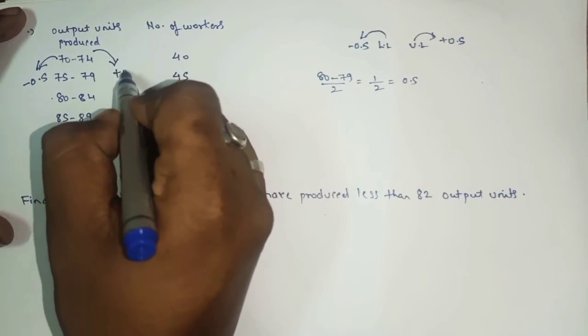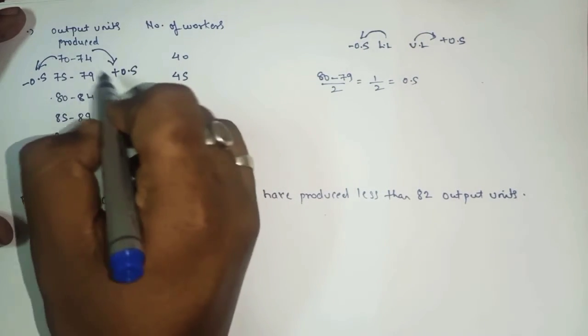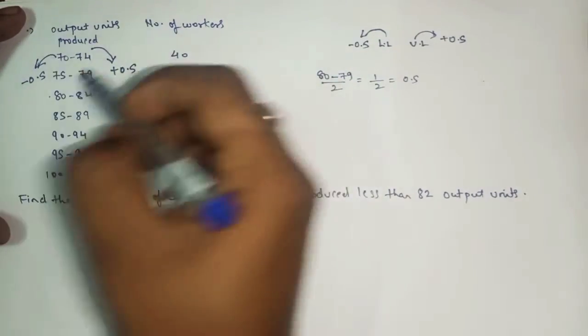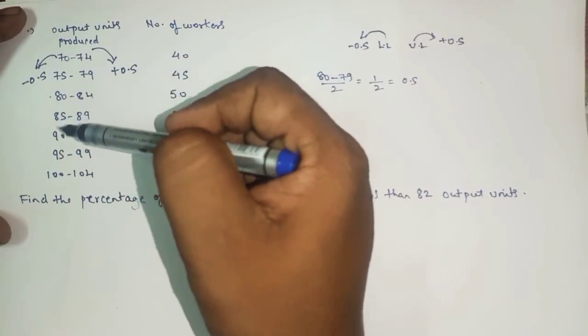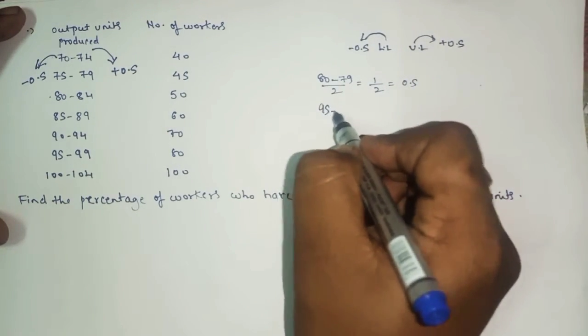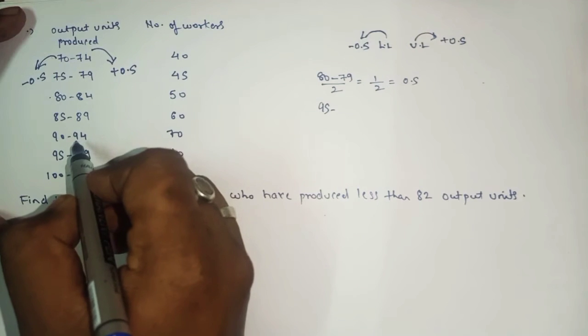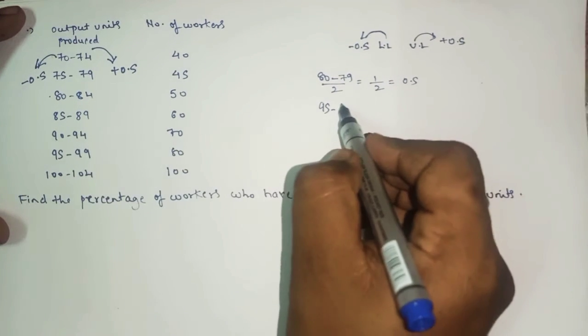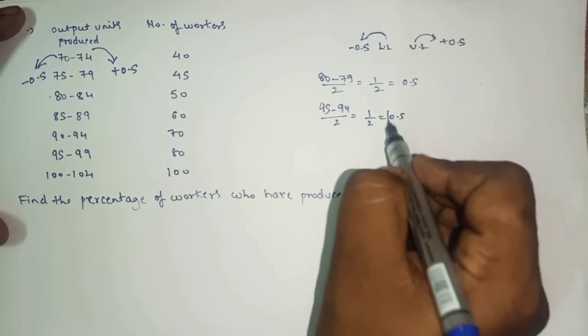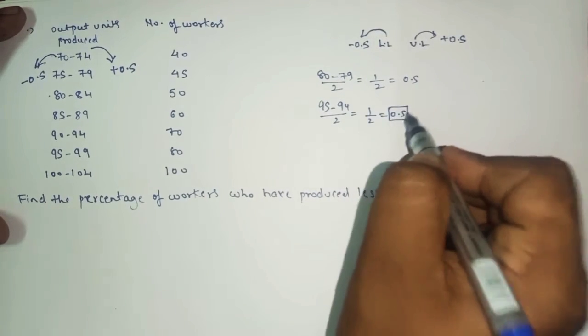So by using this concept you can make your uncontinuous class continuous. Here also, suppose I took 95, so 95 minus the preceding upper limit 94, upon 2, so 1 by 2, here we got 0.5. So this is your 0.5.